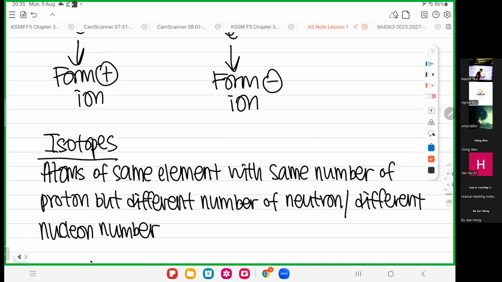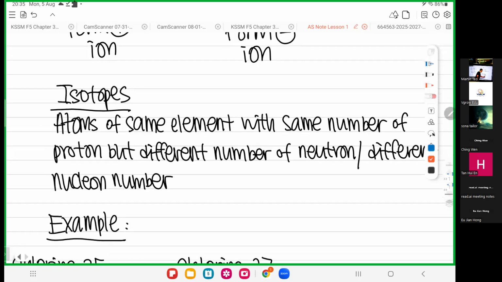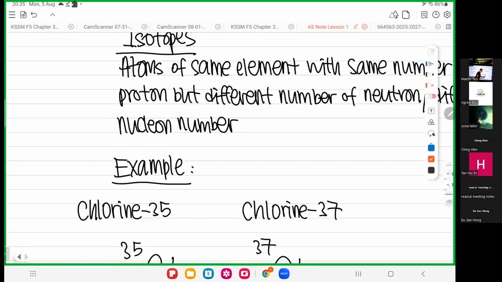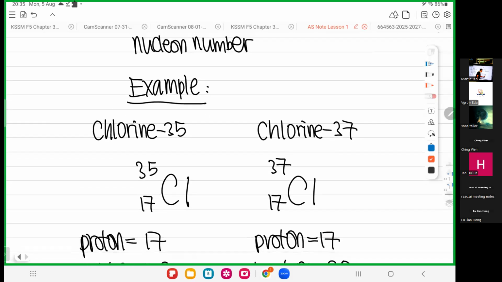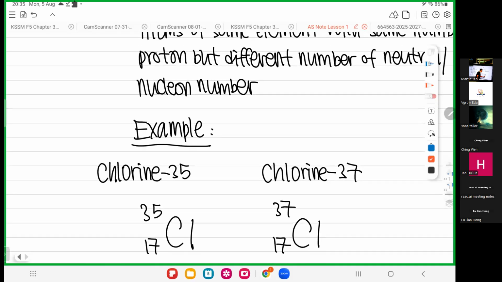Now these two are examples of isotopes: chlorine 35 and chlorine 37. In chemistry, whenever you see a chemical name followed by a number, the number at the back always represents the nucleon number.